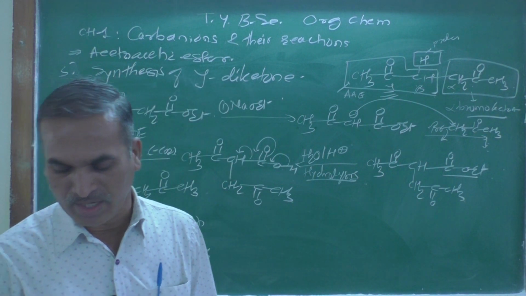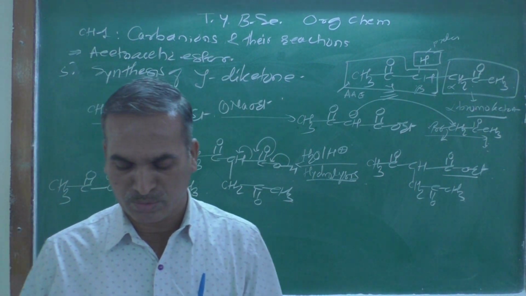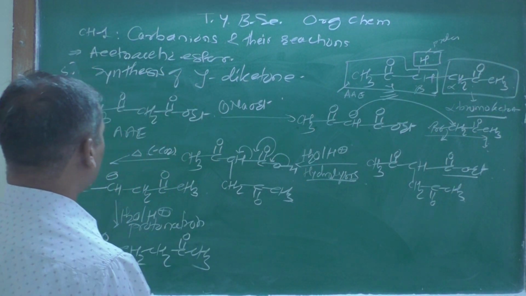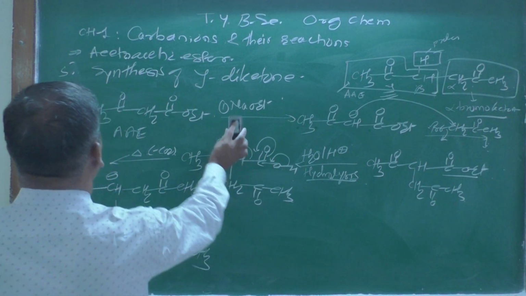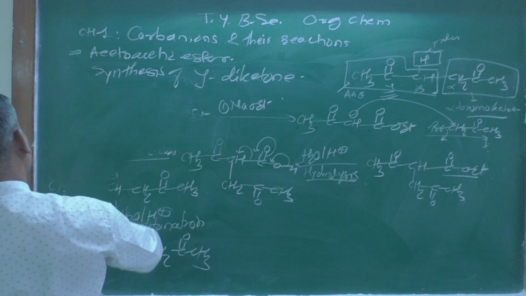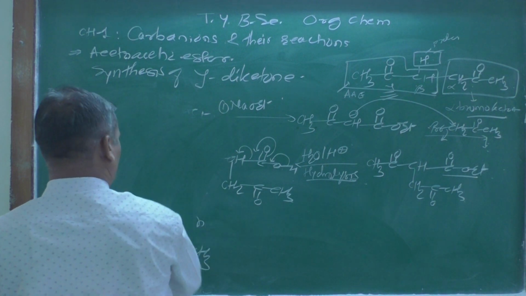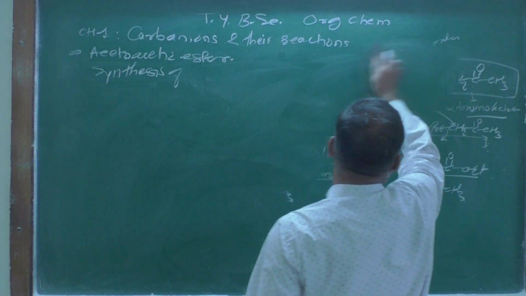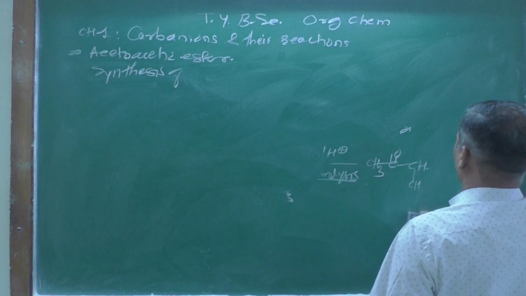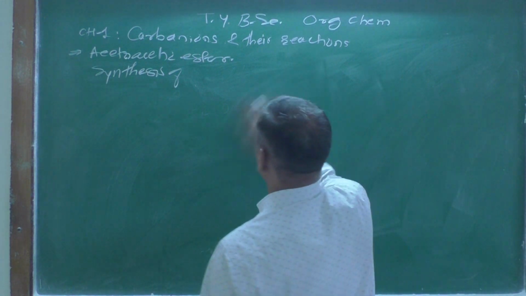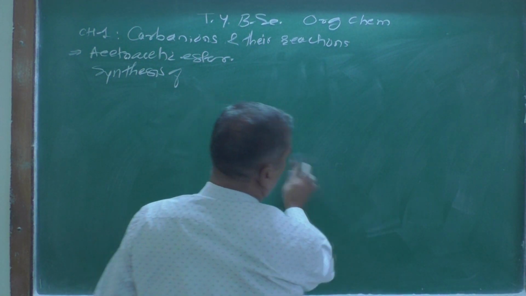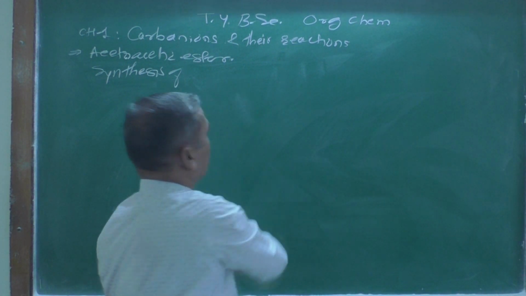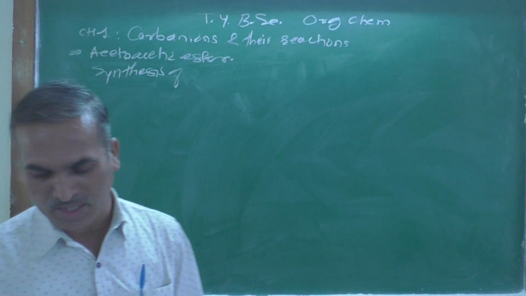So in this way we have seen the synthesis. I think the last one we are going to see is the synthesis of beta-diketone by acylation. We have done most of the things over here, and now you are able to synthesize any target molecule or final product using acetoacetic ester.